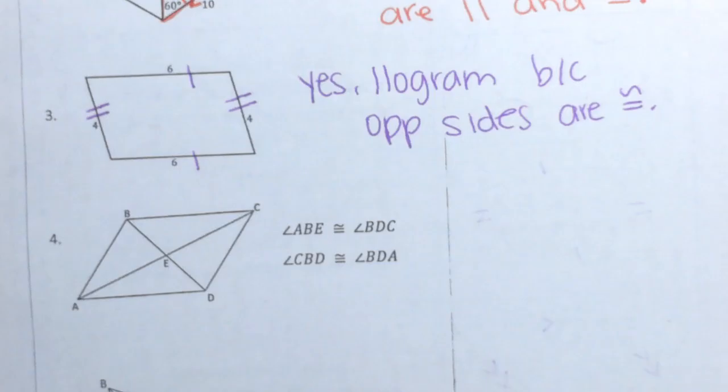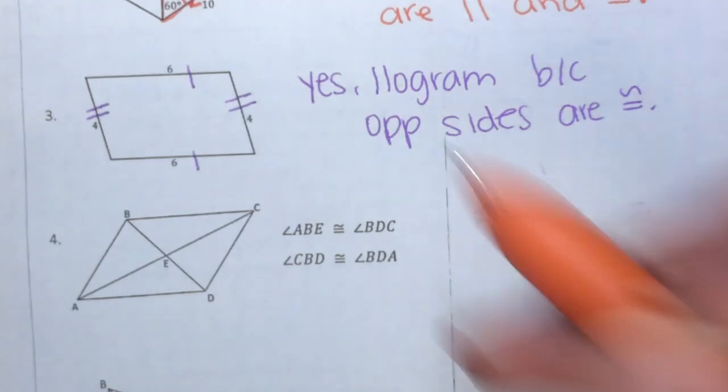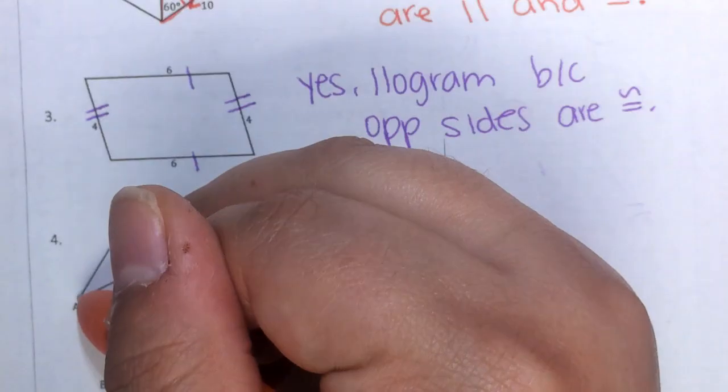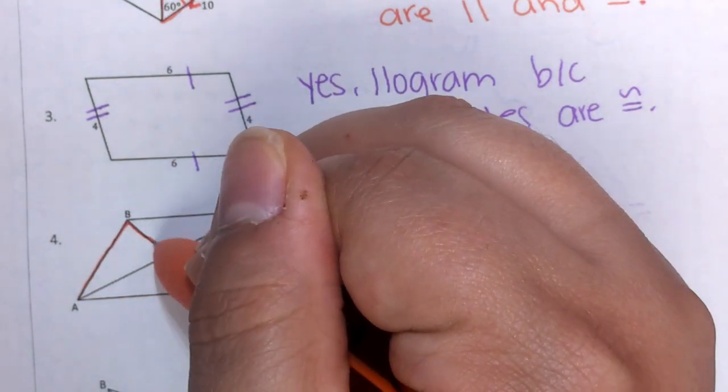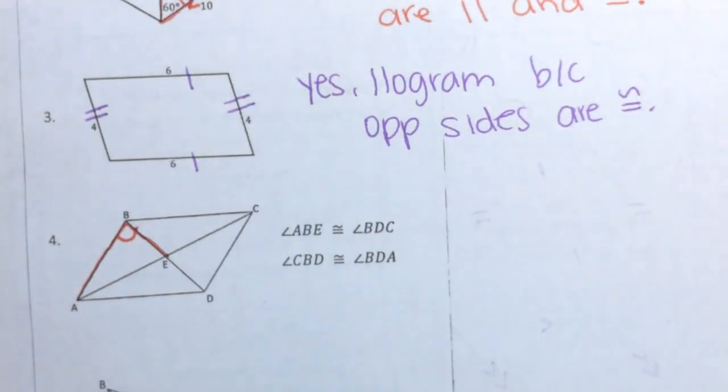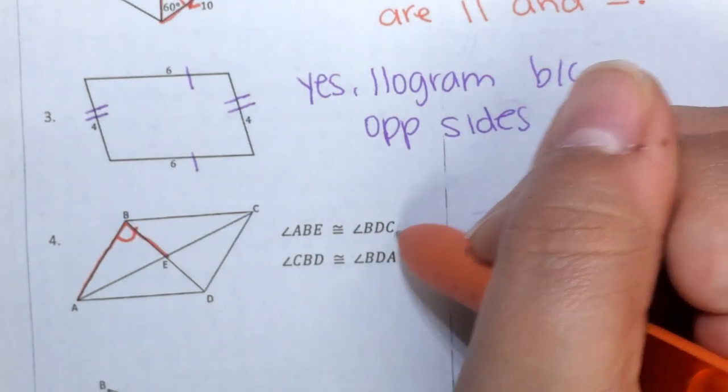Am I going too fast for y'all to write, or are we okay? We're okay. All right, ABE. Where is angle ABE? Everybody start at A, go to B, go to E. That middle letter is your angle. What is ABE congruent to?